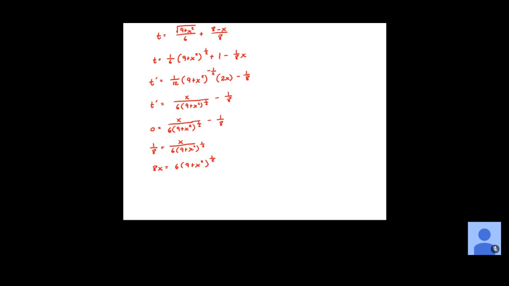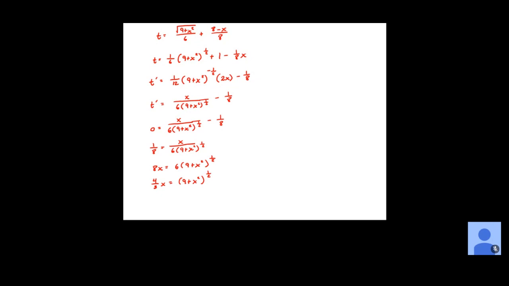Okay, good. Divide by your 6, right? So that's going to give us 8 over 6, which simplifies to 4/3. We have 4/3 x equals 9 plus x squared to the 1/2. Okay, what do we need to do now?